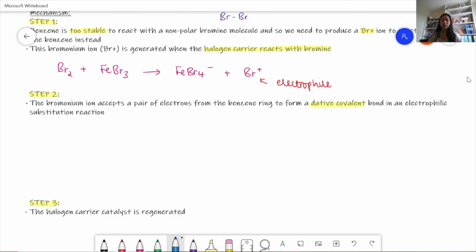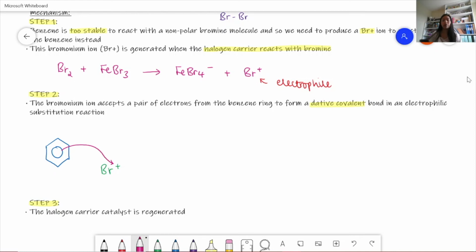So what we have is benzene, and then we have the electrophile, which is this Br plus. And because of the high electron density, because of the delocalized section of the benzene, these electrons are attracted to this positive charge.